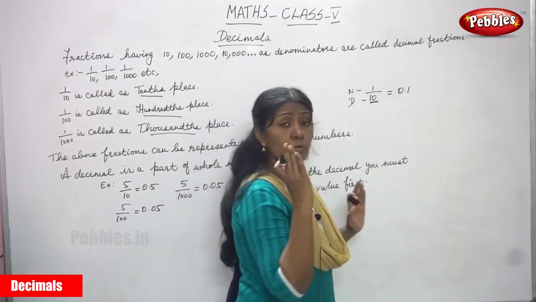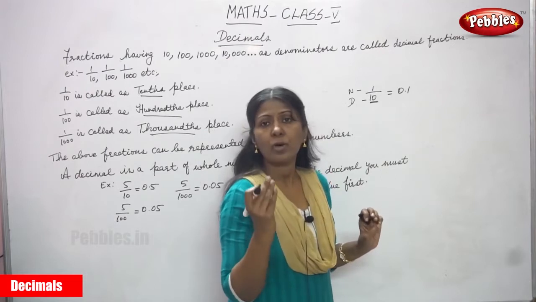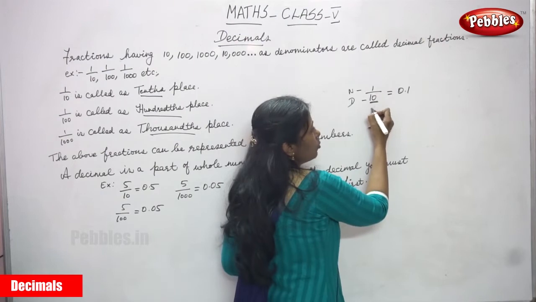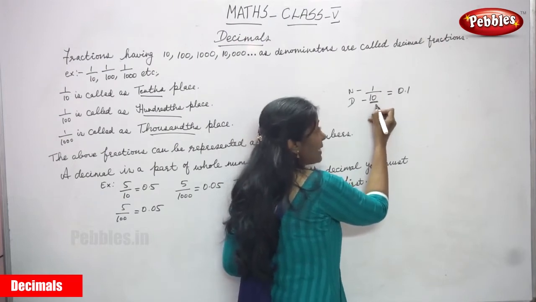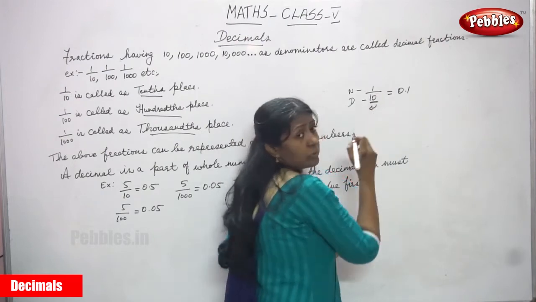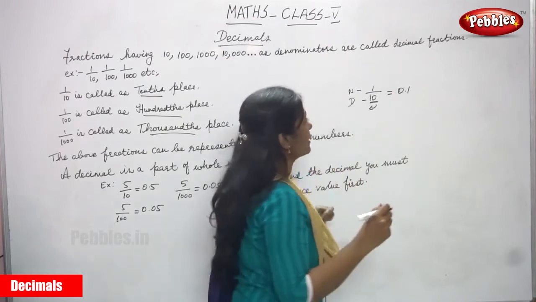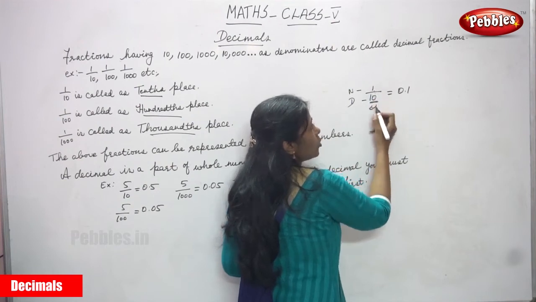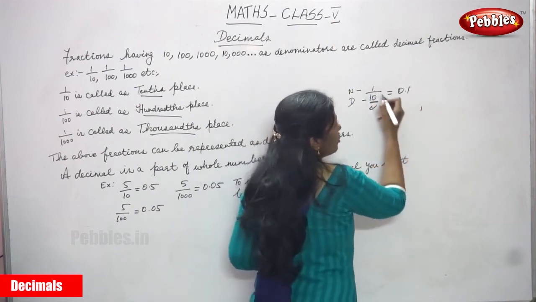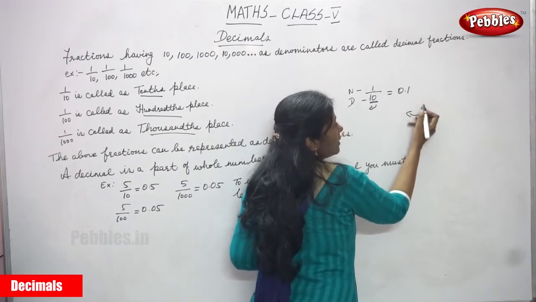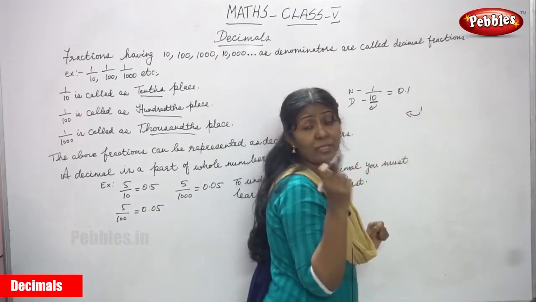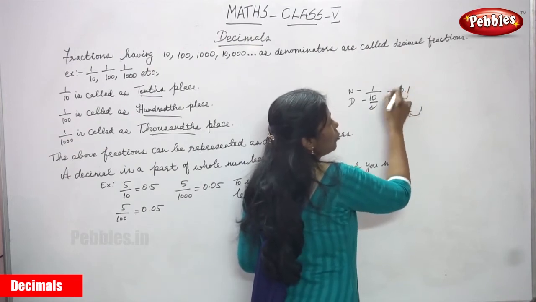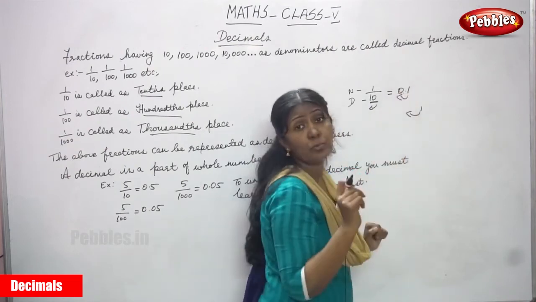So you have to move the point one digit from right to left. So 1, then put a point, then add 0, that is 0.1.